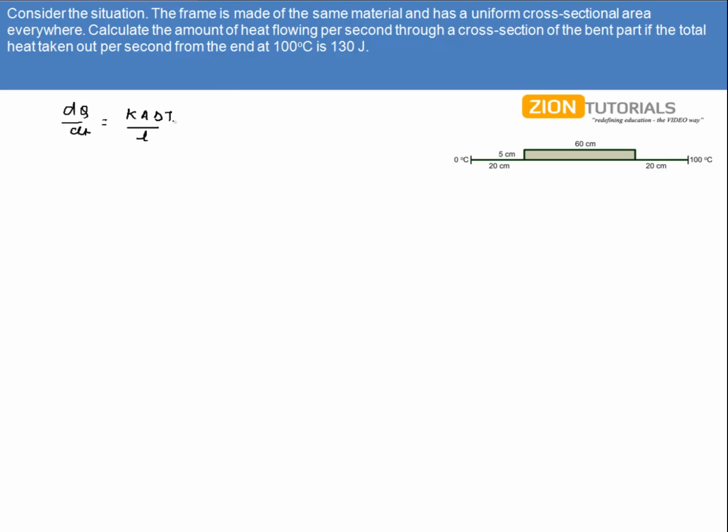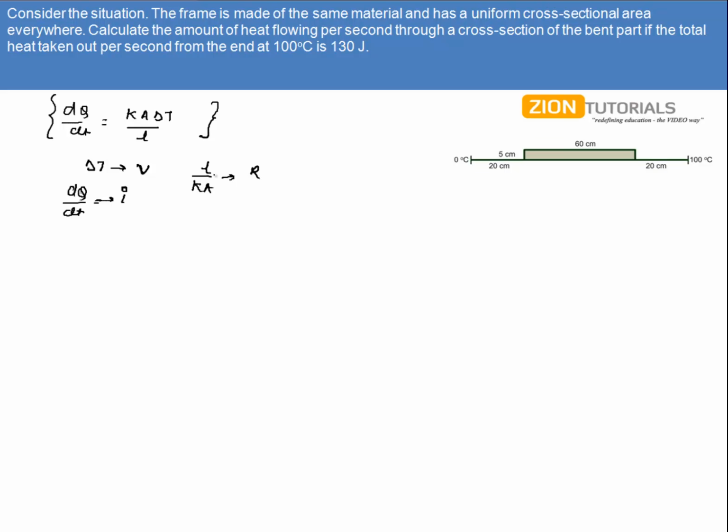Now, this formula has a similarity with the current electricity that we have studied. The similarity goes like this: delta T works just like the potential difference between the two ends, dQ by dt works just like the current does in current electricity, and this L by K A works as my resistance.